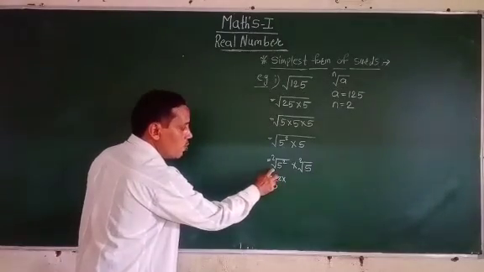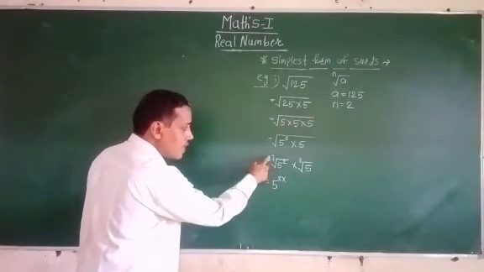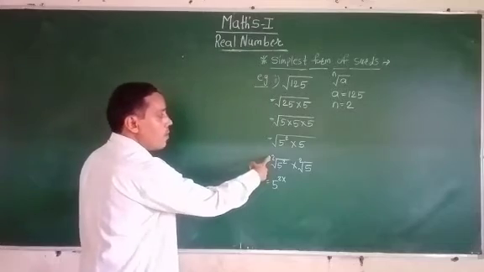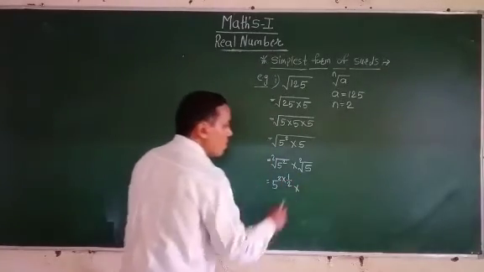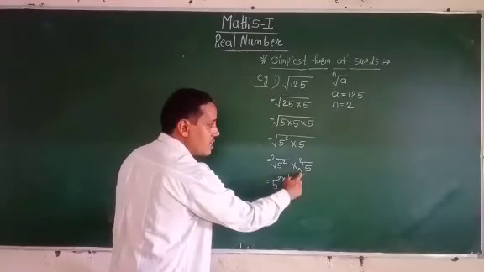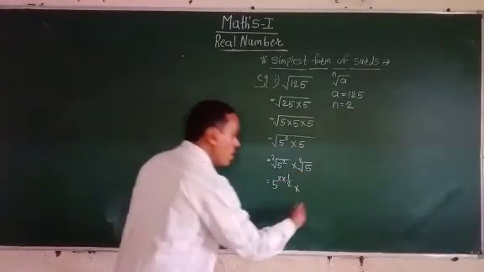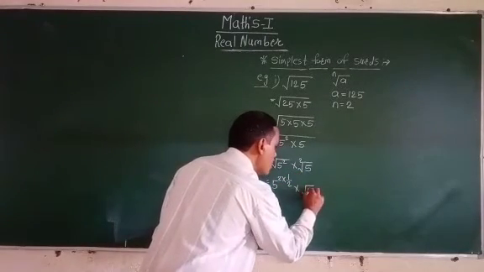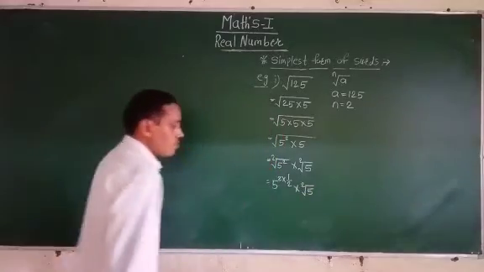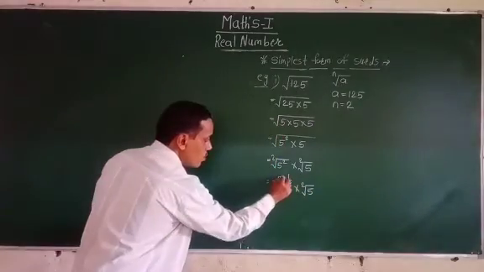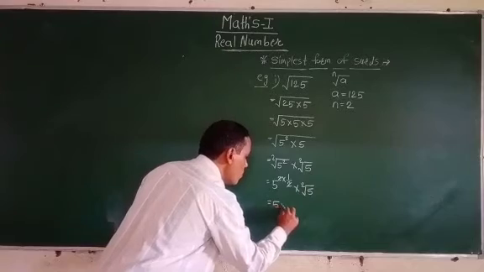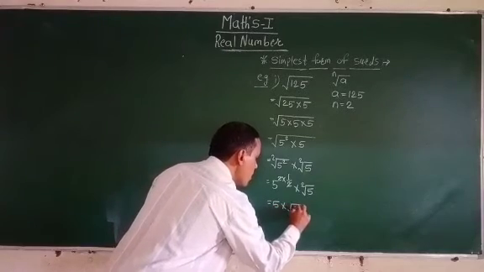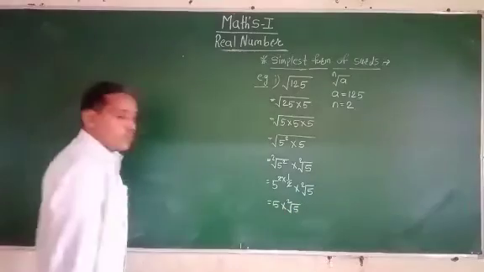When we remove the radical sign, that 2 is converted into the rational form of indices, but here the radical sign is never removed and we write it the same. Then that 2 and that 2 cancel each other. So we get 5 into the radical sign of 5 in order 2.